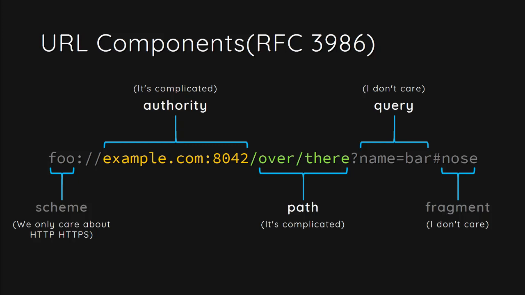For the scheme, we only care about the attack scenarios on HTTP and HTTPS. The authority and path are too complex to explain right now, and we will take a look later. Finally, as for the query and fragment, I don't care.